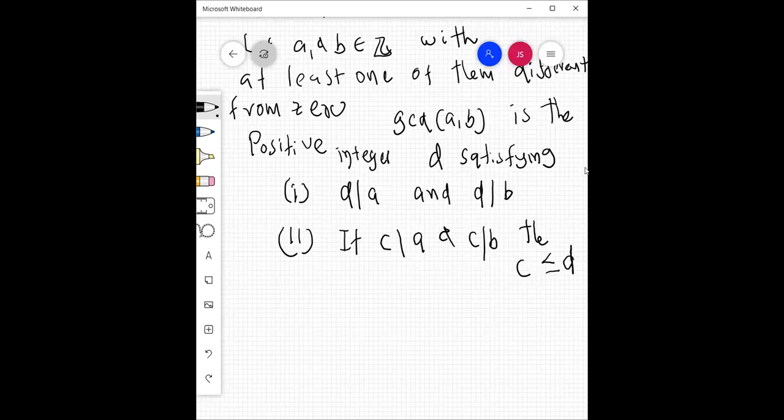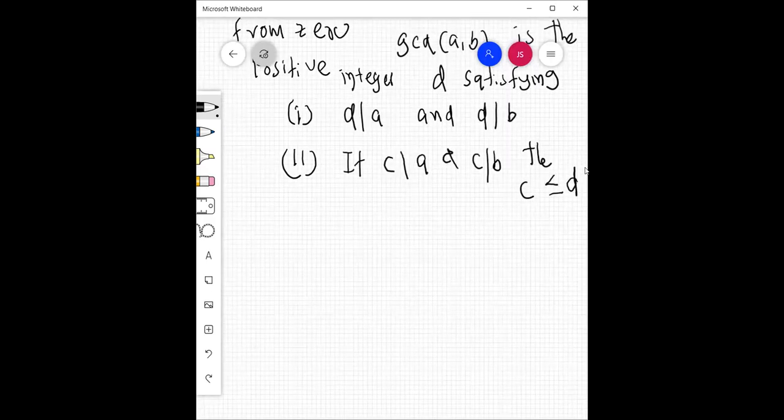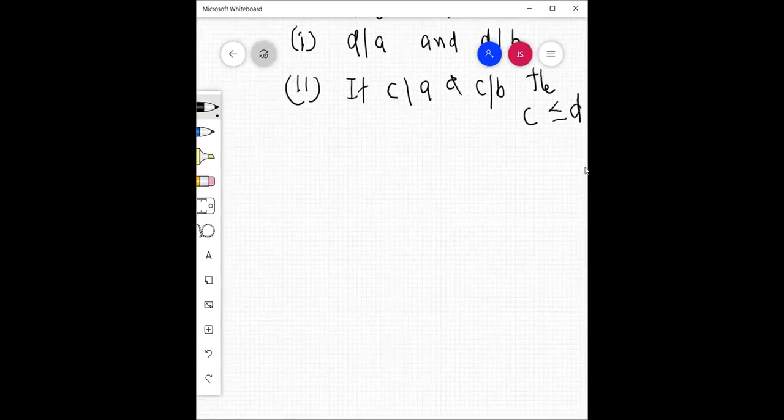This is the standard definition of greatest common divisor in the field of number theory, right? In your school days, you just understood the greatest common divisor without any proper definition. Of course, the definition is clear, but we don't give this kind of definition in your school days, right?